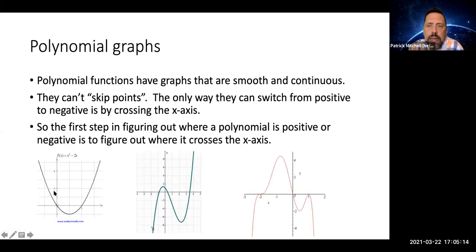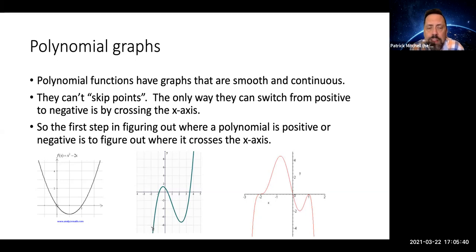The idea is, and in this class we don't talk a lot about polynomial graphs. For that, you could take my pre-calculus class. Polynomial functions have graphs that are smooth and continuous. Smooth means they don't have any sharp corners. Continuous means you can draw them without picking up your pencil. And that's the important part for what we're talking about now.